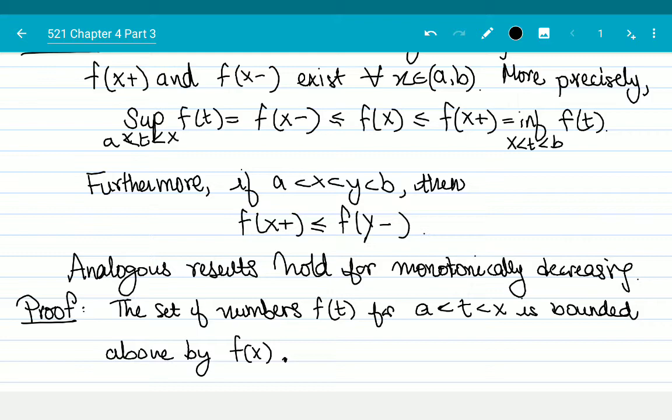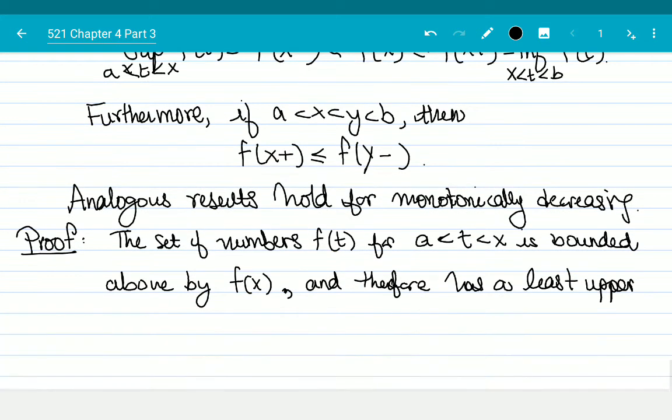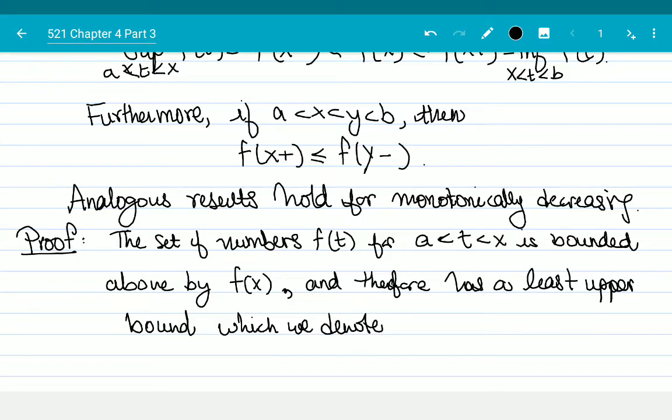This is a non-empty set, right? And therefore has a least upper bound, which we denote by a.